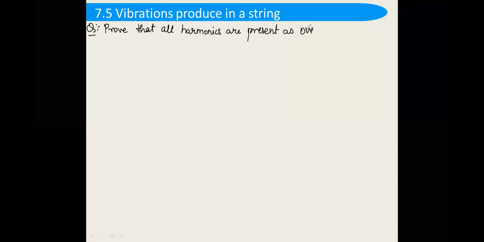So let us move on. The question can be: prove that all harmonics are present as overtones in the case of a vibrating string.